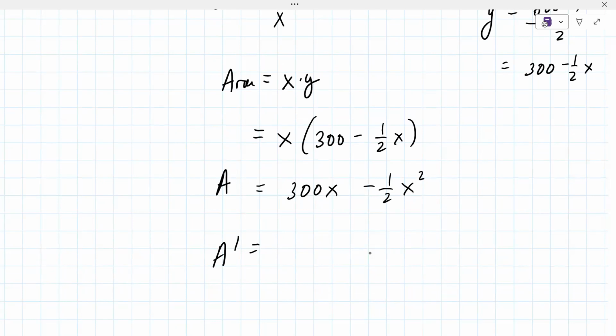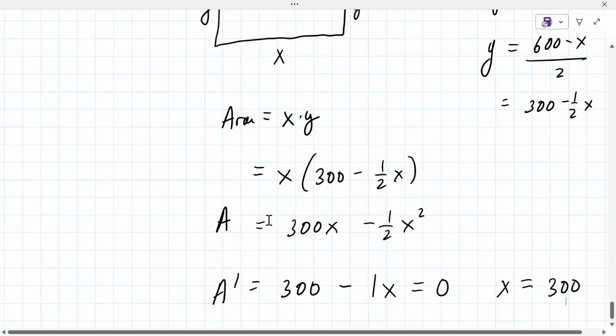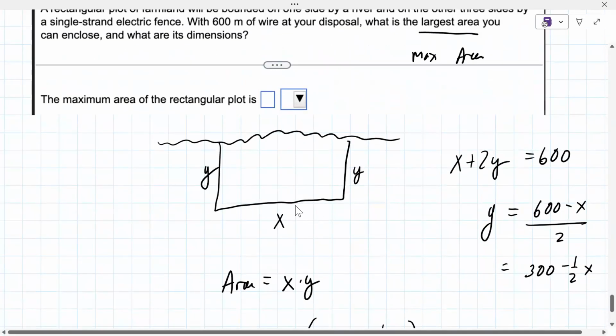Would it be 300 minus 1x? You set that equal to 0, so what should x equal? Wouldn't it be 300? Be careful with how you answer that because x is a length.